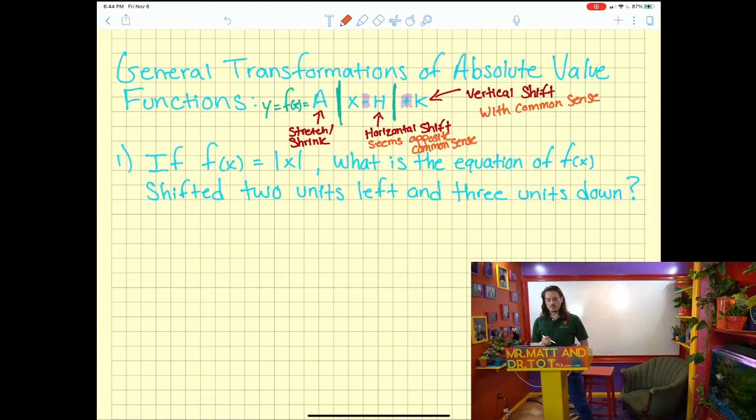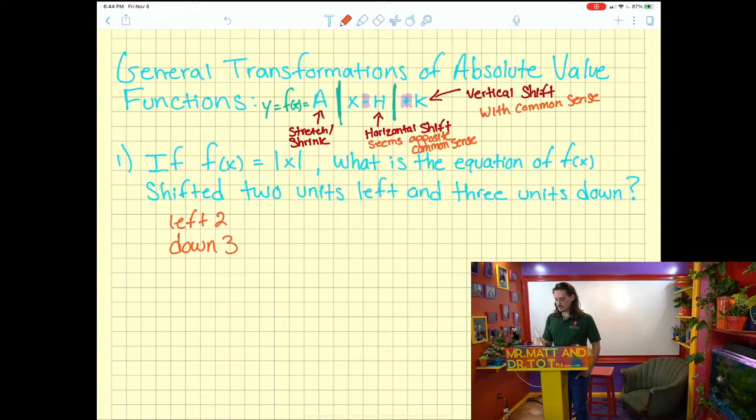Let's just look at one example. Again, I'm going to do a whole series on this later, but this is just a taste. Number one, if f of x is equal to the absolute value of x, what is the equation of f of x shifted 2 units left and 3 units down? A shift left or right, that's your h value. A shift up or down, that's your k value. Your h value, again, is opposite common sense.